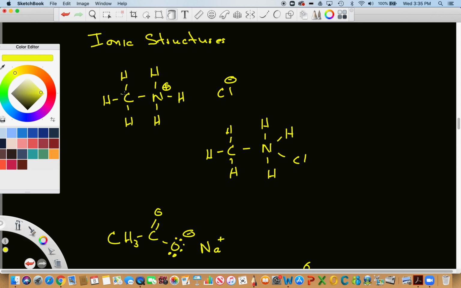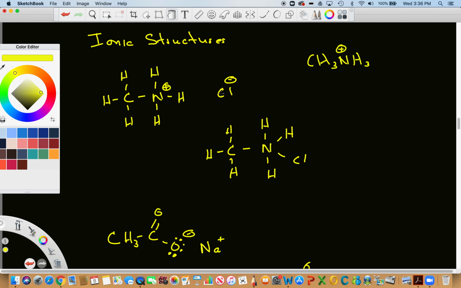So here I have a molecule, CH3NH3 with a positive charge. How do I know the nitrogen has a positive charge? When I draw the Lewis dot structure, I see that the nitrogen has 4 bonds. Nitrogen normally has 3 bonds and 1 electron pair, so that is why the nitrogen's positive.